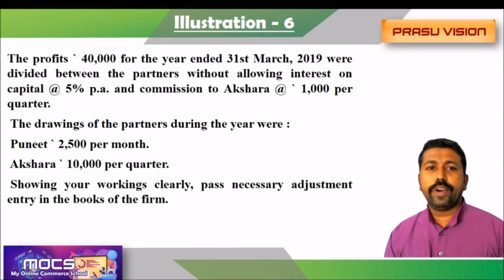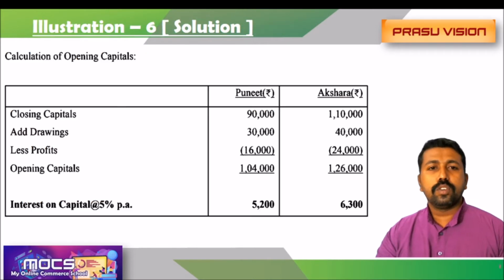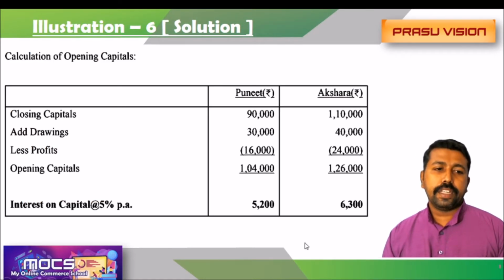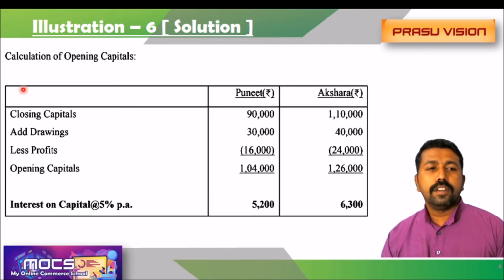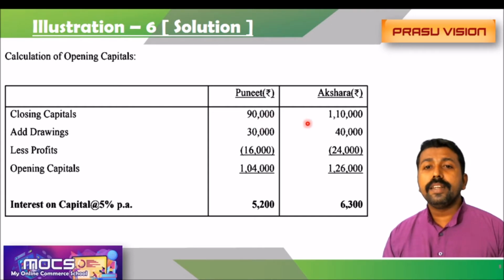Here also, no opening capital is given. Instead of that, the closing capital in the balance sheet is given. So we have to find out the value of opening capital first. Here we are calculating the opening capital. The closing capital amount is 90,000 for Puneet, 1,10,000 for Akshara.